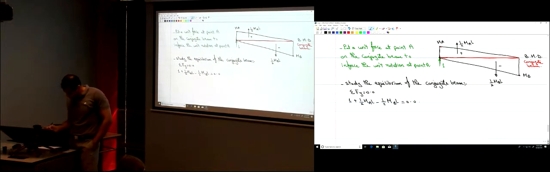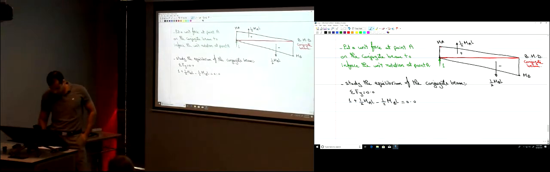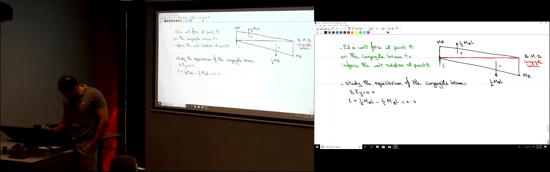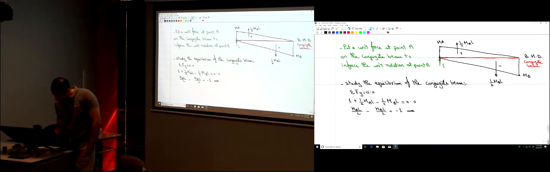We're just going to move the 1 to the opposite side of the equation. Okay, so here we have MA L divided by 2 minus MB L divided by 2 equals -1. That's equation 1.